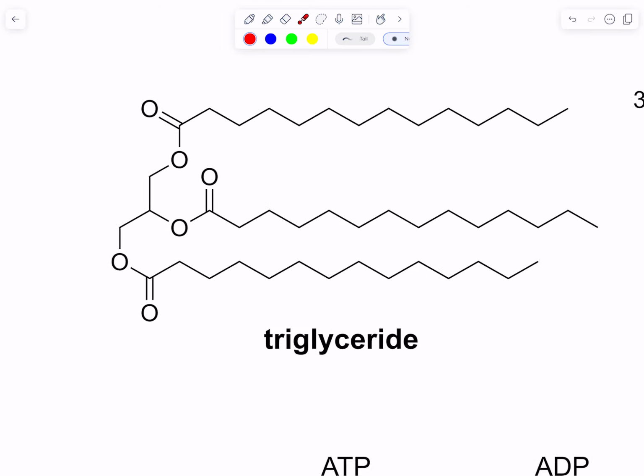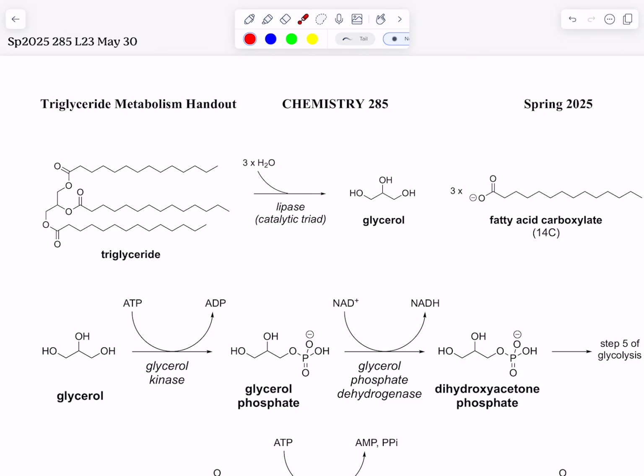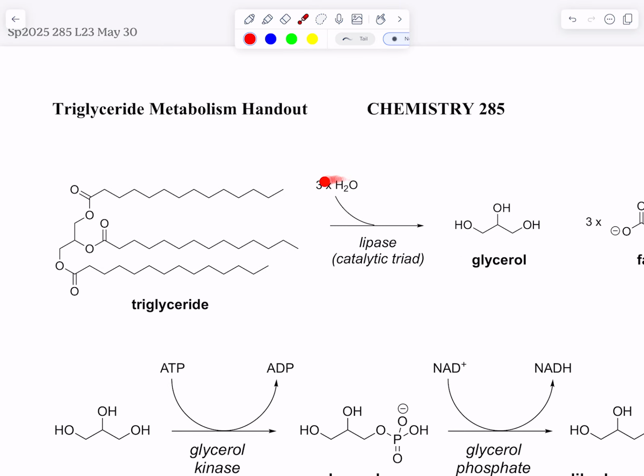Okay. And the first thing you have to do to metabolize a triglyceride is you have to hydrolyze all of those esters. There are 3 ester linkages in the triglyceride. You add water, and then an enzyme called lipase hydrolyzes those bonds. You get glycerol, which is the alcohol portion of the molecule. And then you get 3 fatty acid carboxylates.